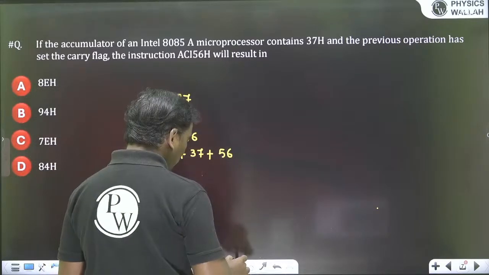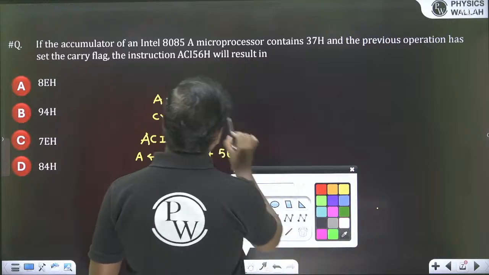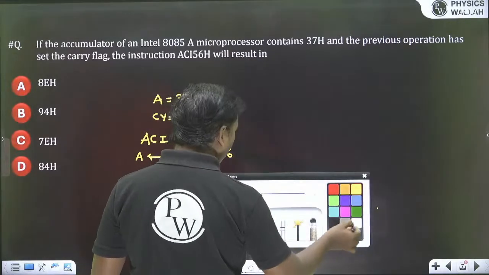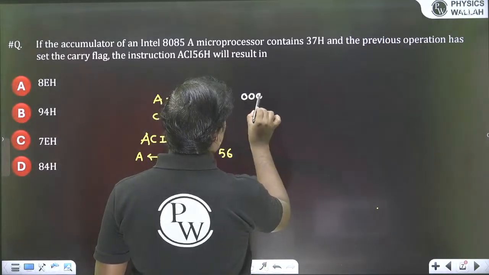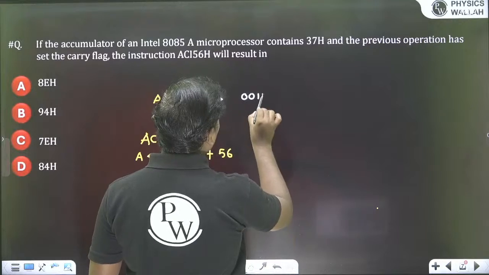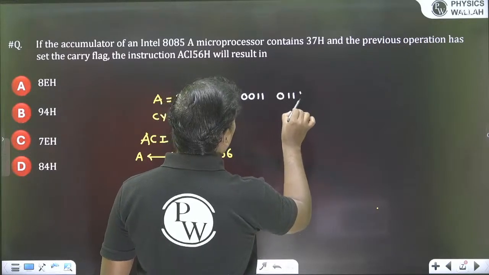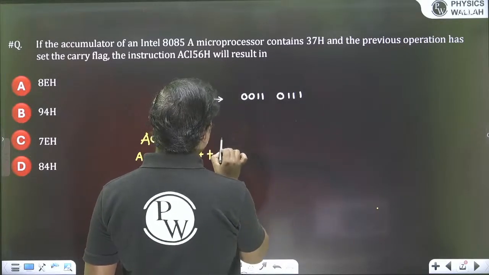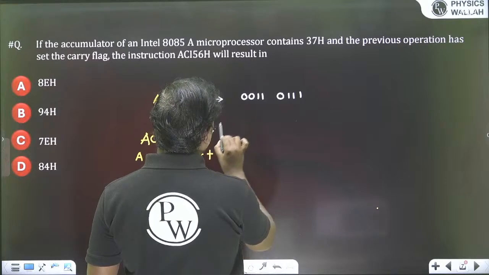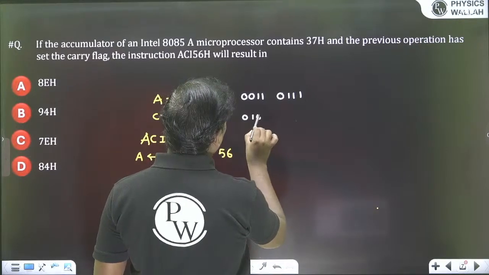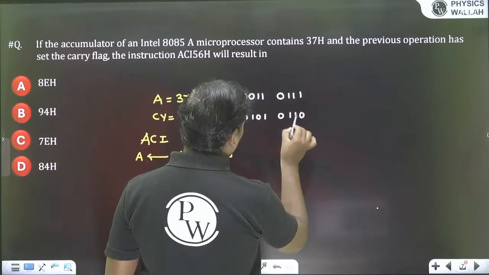So A is 37. So 37 in binary is 0011 0111. And 56 means 0101 0110.